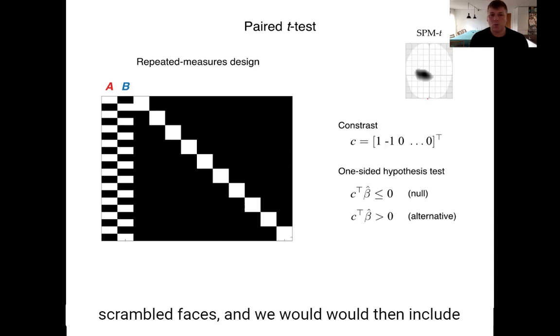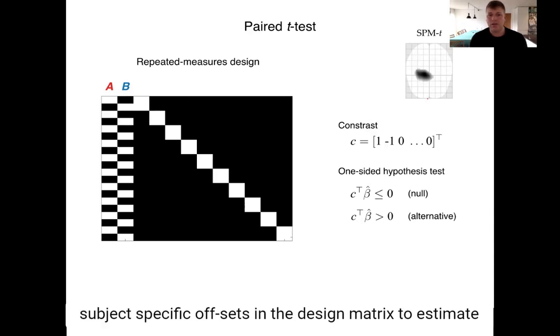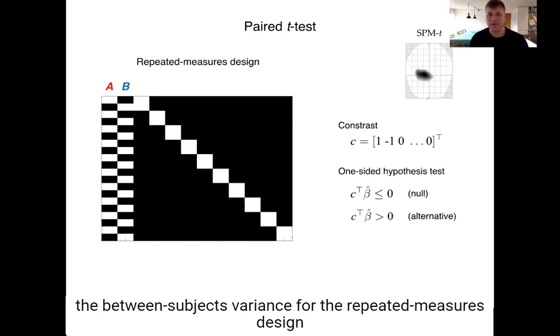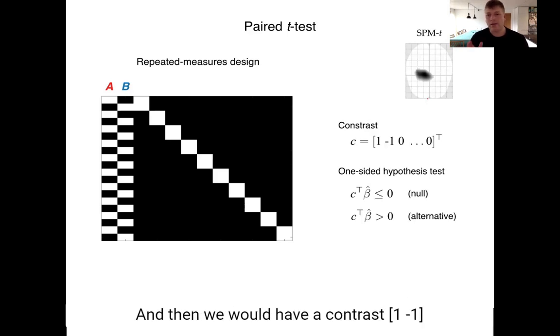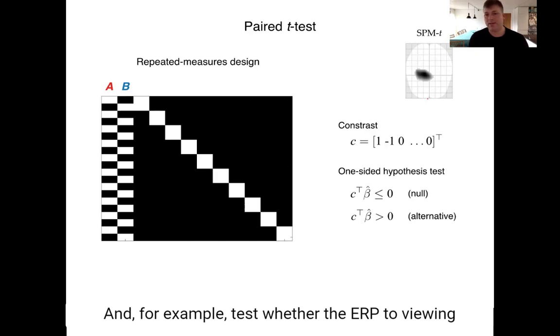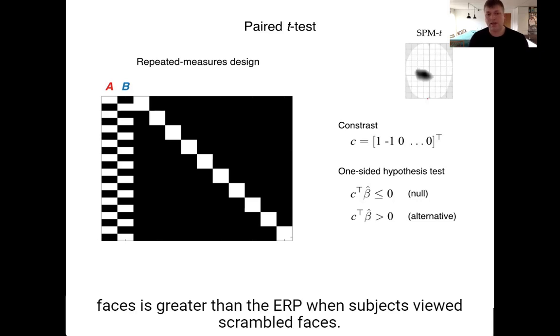And we would then include subject-specific offsets in the design matrix to estimate the between subjects variance for the repeated measures design. And then we would have a linear contrast of 1 minus 1 to compare between conditions and, for example, test whether the ERP to viewing faces is greater than the ERP when subjects viewed scrambled faces.